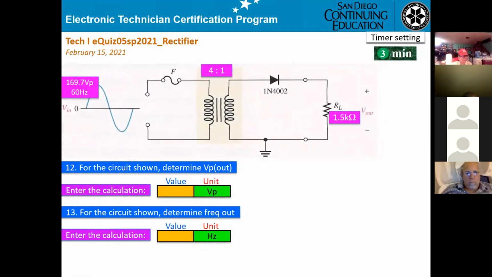Still one more. Yeah, 13 will be the last one. But this will be easy, right? Frequency out will be equal to the frequency in for a half-wave rectifier.